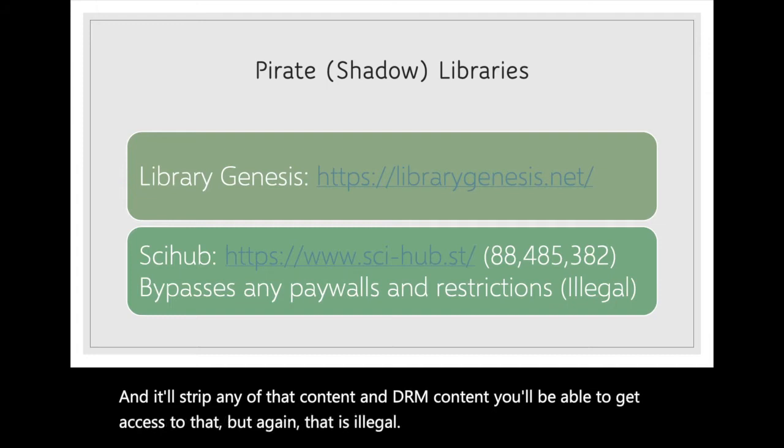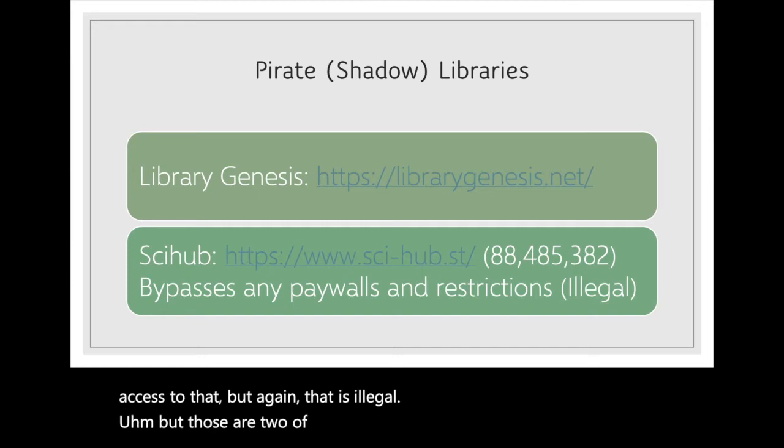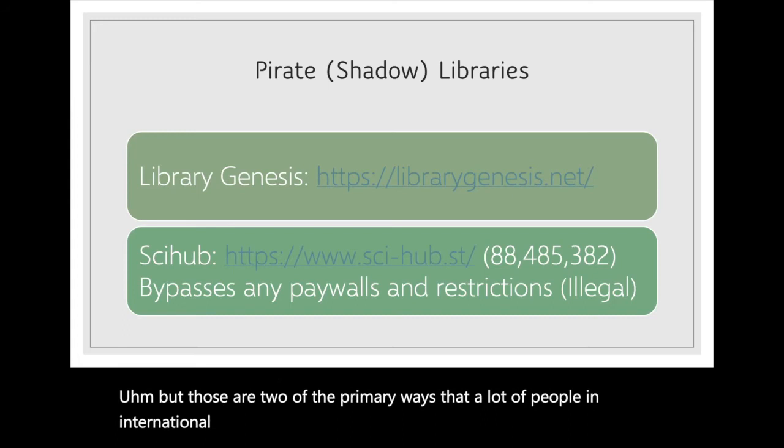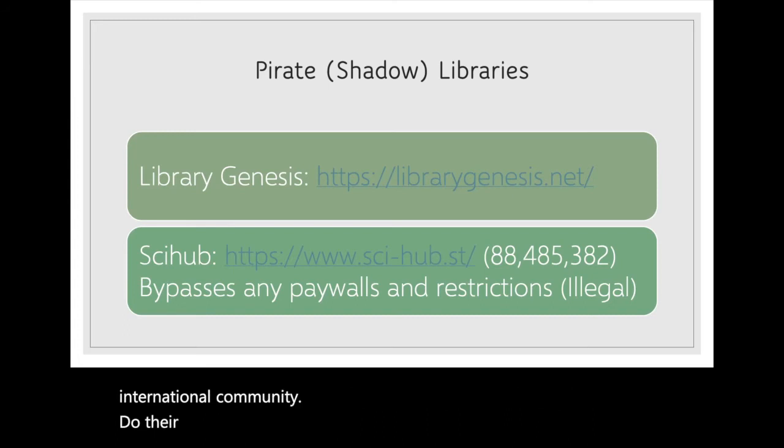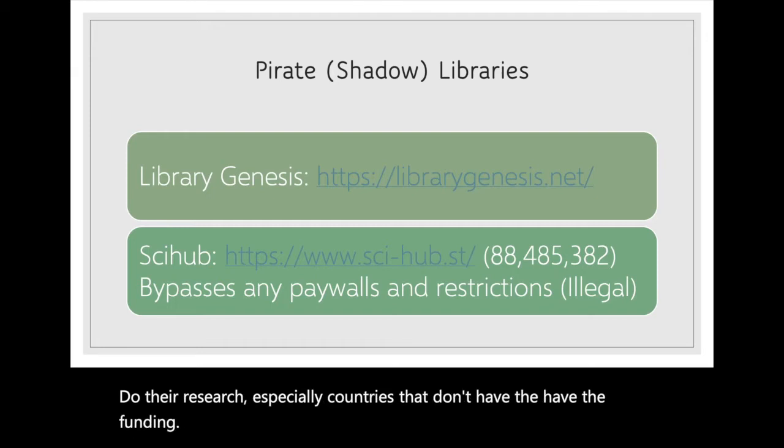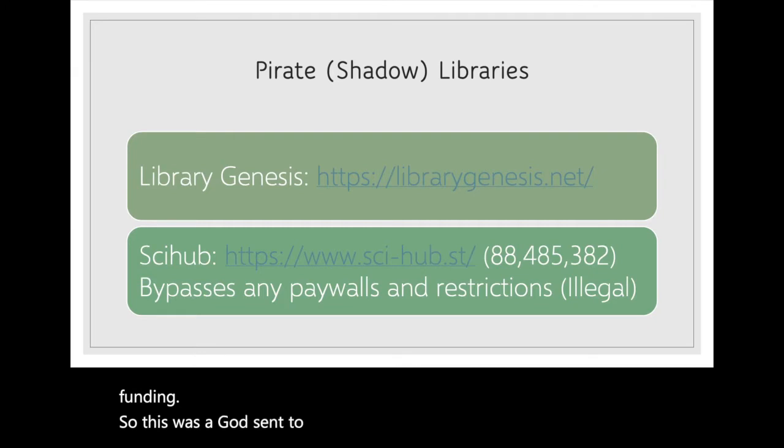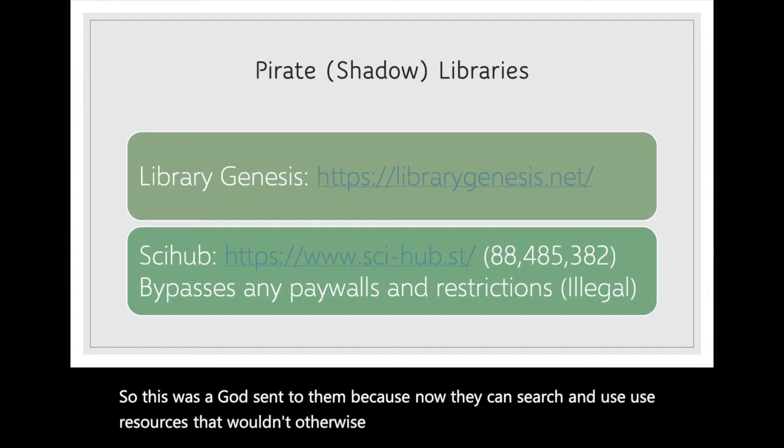But those are two of the primary ways that a lot of people in the international community do their research, especially countries that don't have the funding. So this was a godsend to them, because now they can search and use resources that wouldn't otherwise be available to them.